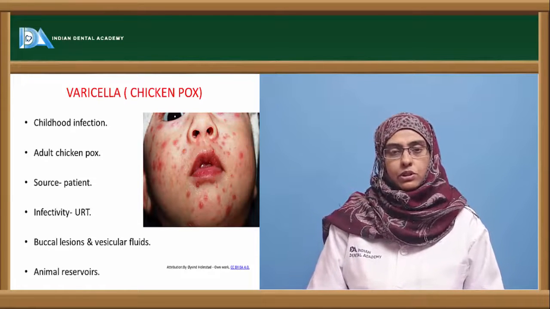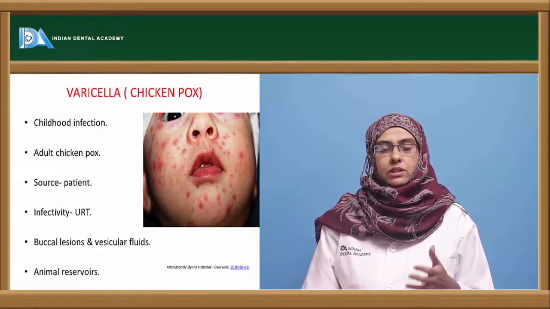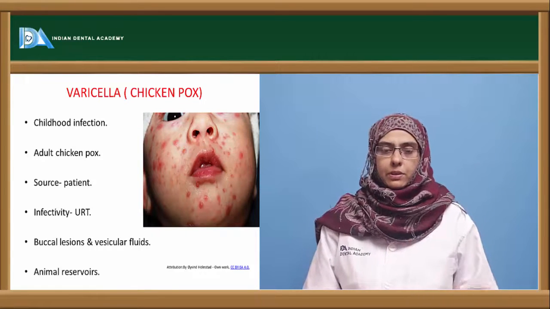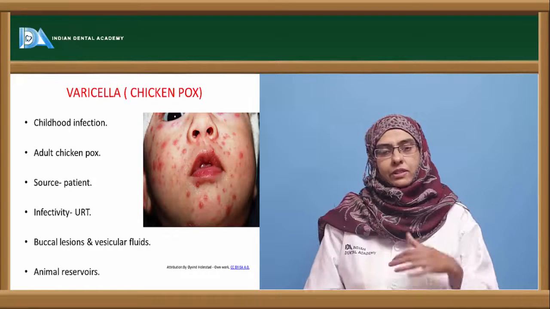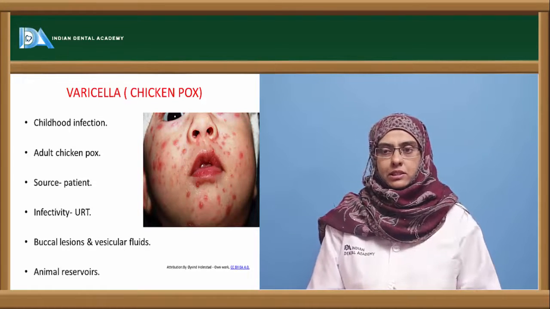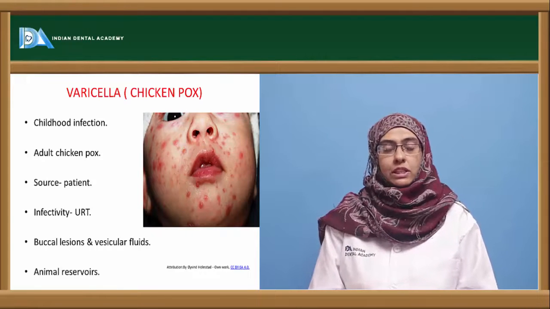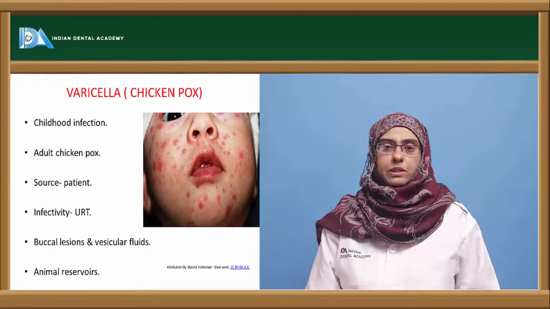Now, coming to the source of this disease, the source is only the patient who is suffering from the chickenpox virus or the herpes zoster virus. So either of these viruses, when it infects, can cause chickenpox. Infectivity is mostly seen during the early stages of the disease, where the organism is spread in the upper respiratory tract.